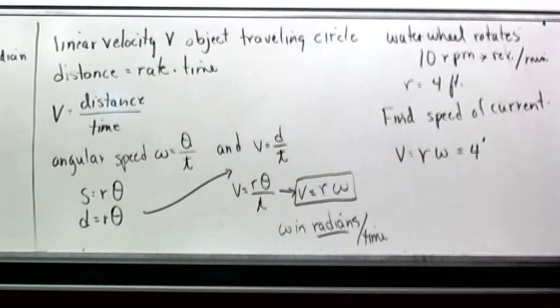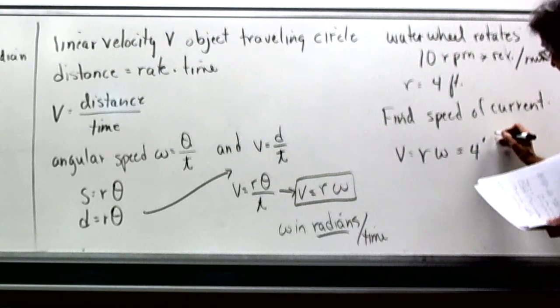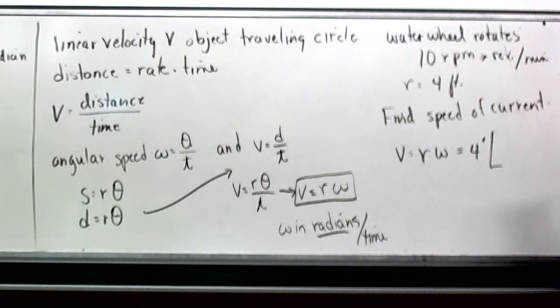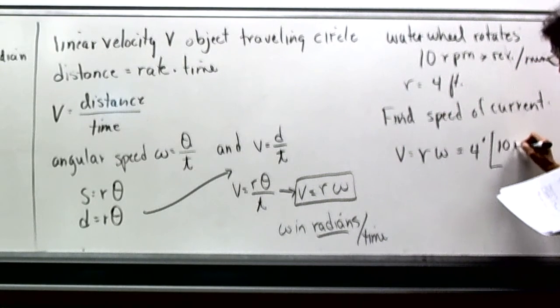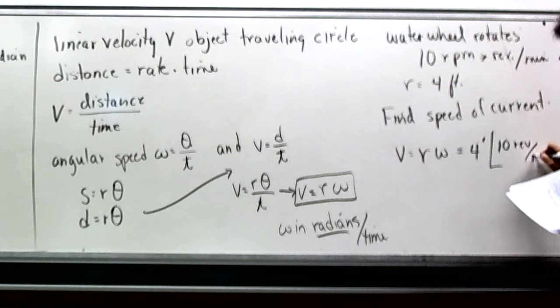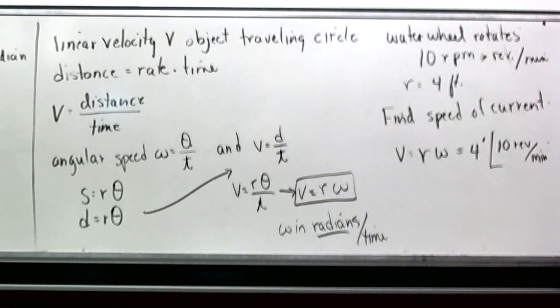And omega needs to be in radians. So let's think about that. We have 10 revolutions per minute. But how many radians are in 1 revolution? 2 pi.